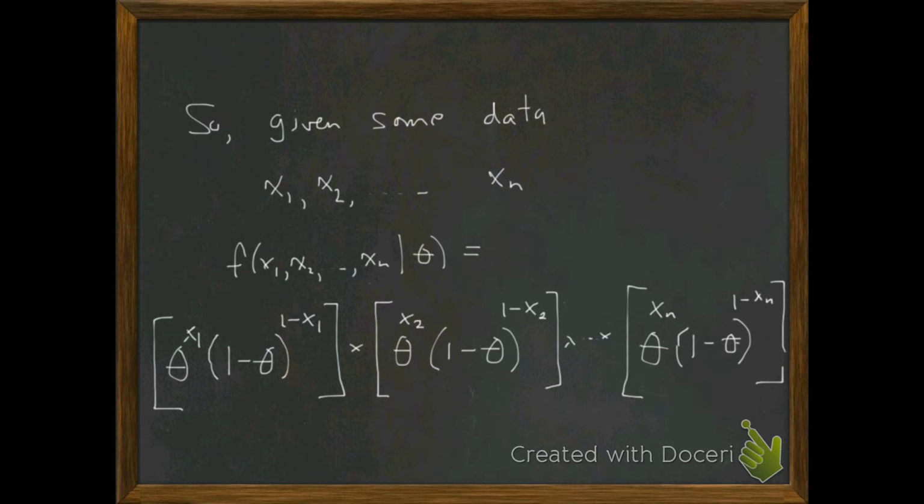Now, guys, I want to simplify this. Looking at the first terms, we can see that this is just going to be theta to the x1 plus x2 plus through xn, times 1 minus theta to the 1 minus x1 plus 1 minus x2 through 1 minus xn.